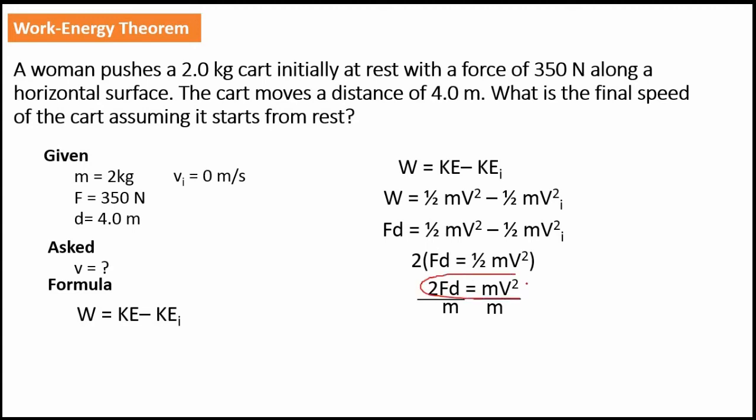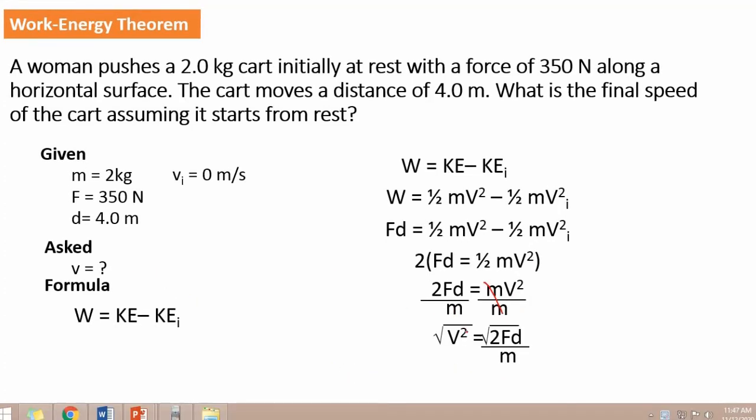And then after this, you want to have the formula for the final velocity. So what's next is you are going to divide this by m so that you could eliminate the mass. On the right side, we only have the variable, which is the final velocity, the one we are looking for. So continue.